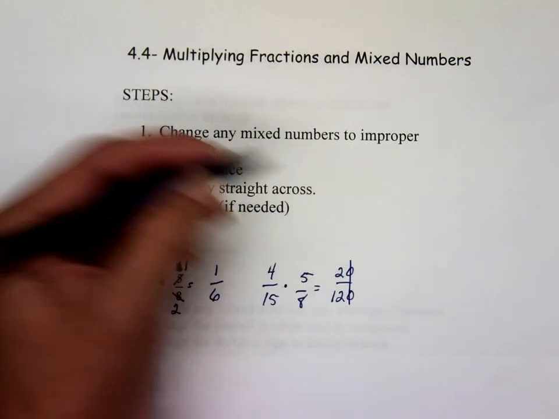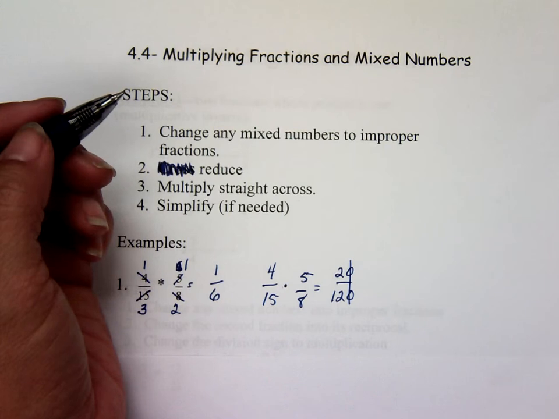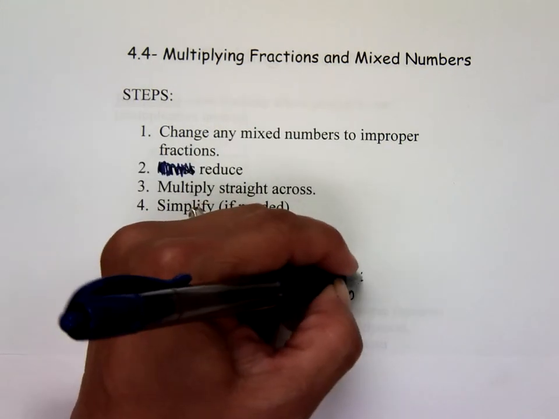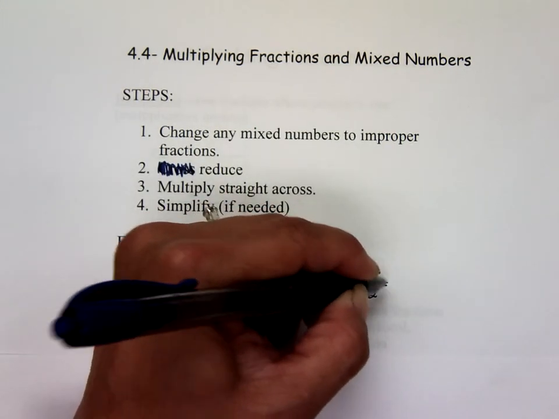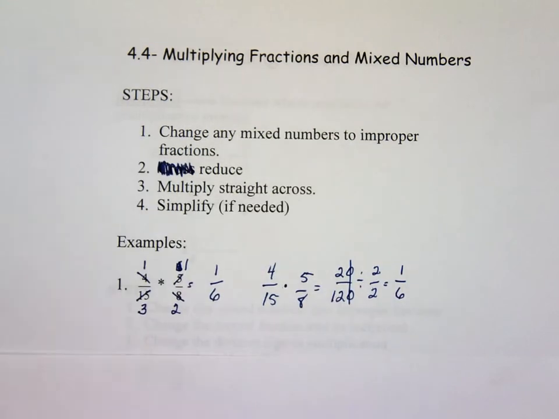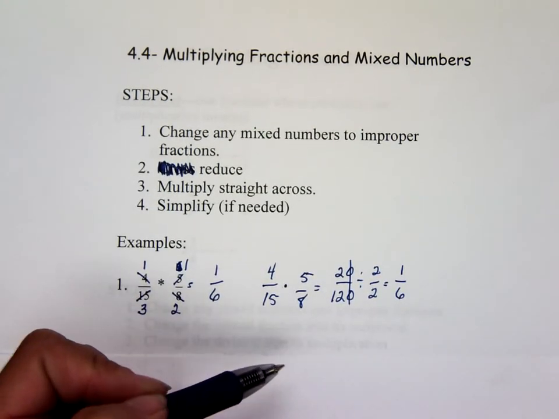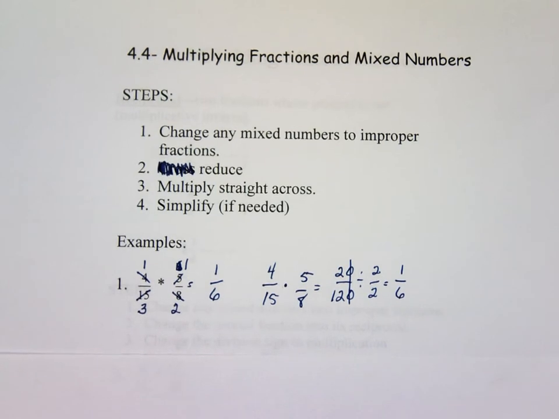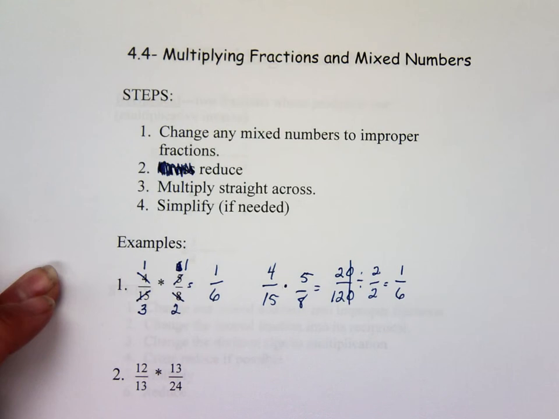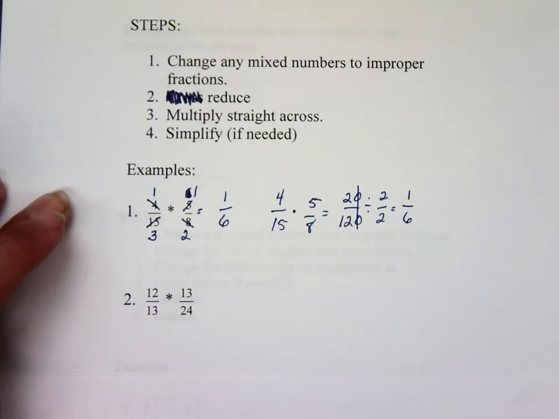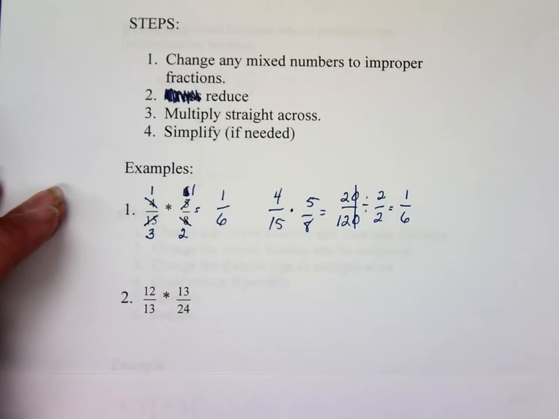Well, you can cross out your zeros because 10 goes into both of them. Now you can divide top and bottom by 2, and you'll still get the answer of 1/6. This is easy to do because the numbers are small, but if the numbers are big, it is harder to reduce if you have a huge number. So go ahead and try number 2 on your own, and then when you're ready, push play.